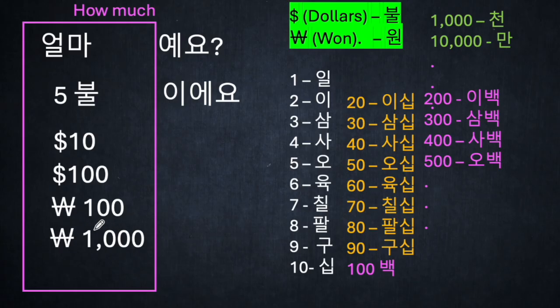So if it is 1,000 won, how much is it? 얼마예요? Oh, it's 1,000 won. So where's 1,000? 1,000 is here. You'll say 1,000원이에요. Okay, how would you say $120?